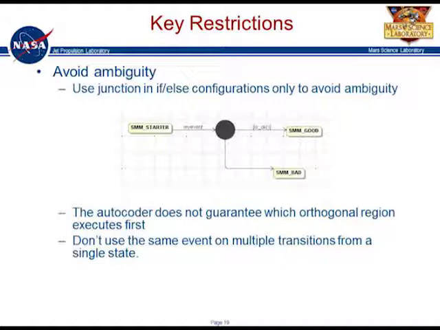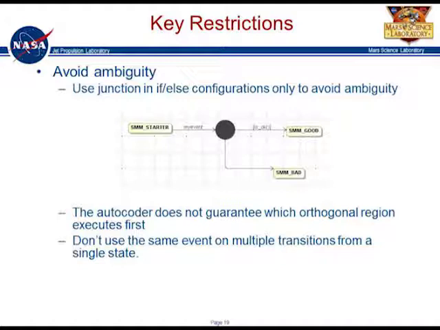Also, we encourage people to stay away from orthogonal regions, especially if you send the same event to multiple orthogonal regions. It's not clear which region might handle the event first. So that's another gotcha, and we recommend staying away from that. And also, you can't have, let's say, my event along several transitions coming out of the same state in multiple directions.